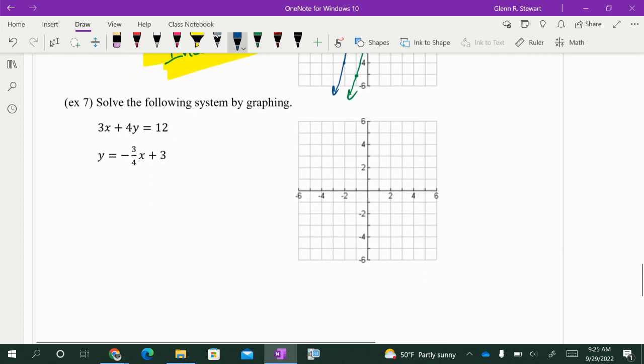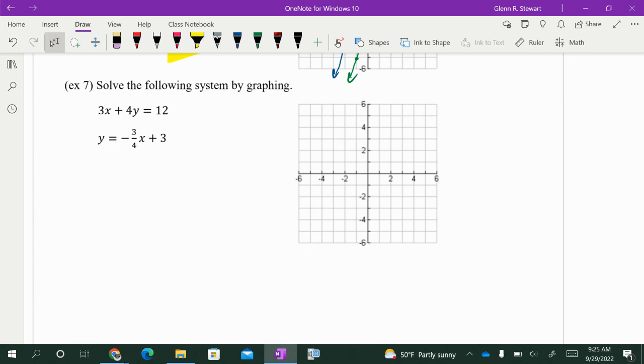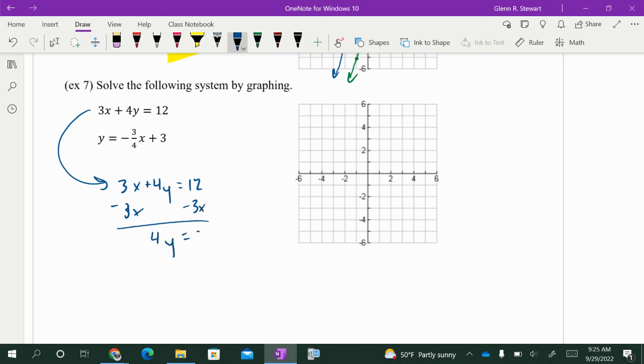Right, and then solve the following by graphing. One of the equations is already in y equals mx plus b form, which is nice, or slope intercept. I'm just going to put this one into it too. So I'll subtract 3x. And I'm sure that most of you can probably see here.